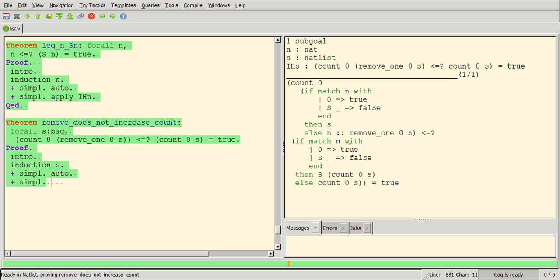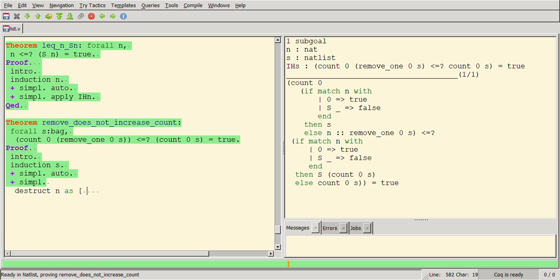Okay, and similarly, when n is 0, this will be reduced to true, and then if true would give us s as the result, and similarly for the other case as well. So let me use case analysis using the tactic destruct n as, so you would get two subgoals as n is a natural number.